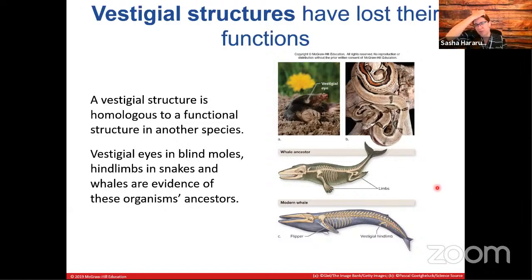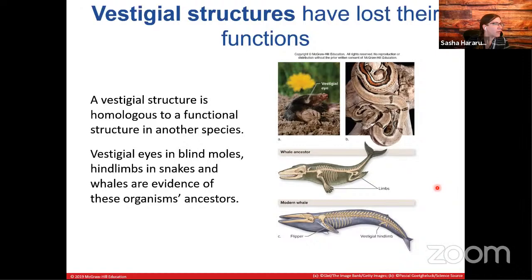Same with snakes. Some species of snakes have vestigial hind limbs. The proto-snakes, the species from which snakes evolved, used to have hind limbs. Over evolutionary time scales, these limbs became vestigial or disappeared altogether because the snakes survived best without them. Or, the species of snakes that survived tended not to have hind limbs.